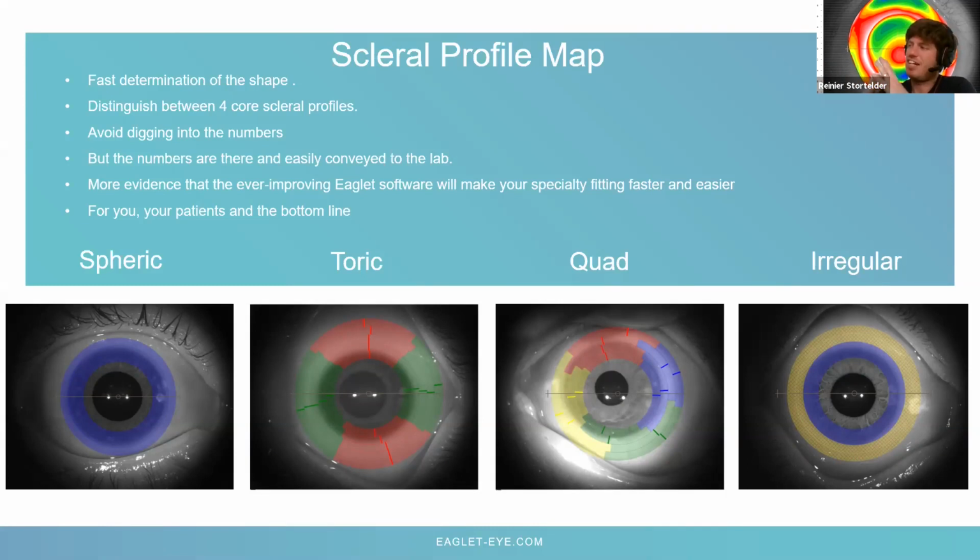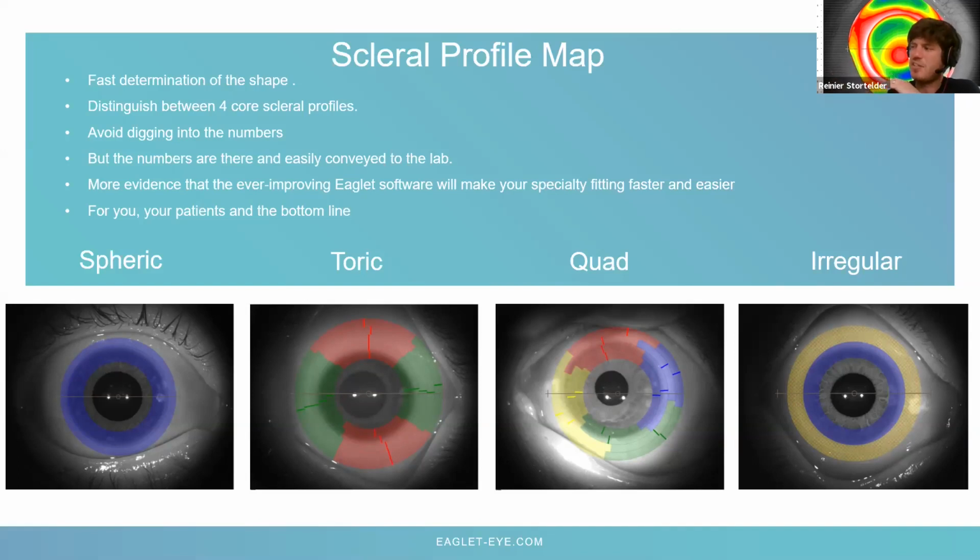And if it is irregular, it's not following the rule of being quadrant in shape, most often it means that there is a local elevation, for example a pinguecula. Most often it comes up with irregular when there are one or two pingueculae present.